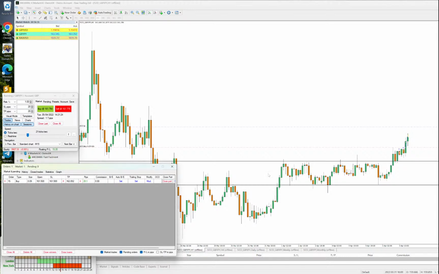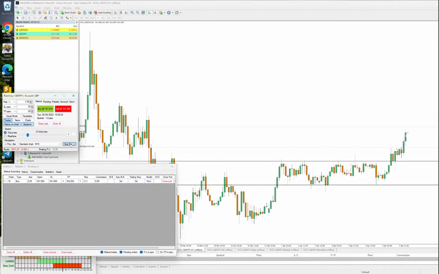But yeah, we got our 30 pip trade, and now let's close another portion, and then this can be whatever. There's nothing that will affect us. We can also move the next bar. We have 40 pips, and at 40 pips we should close everything, I believe, once we hit 40.